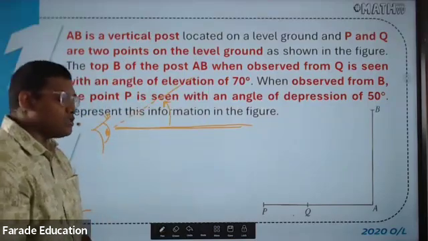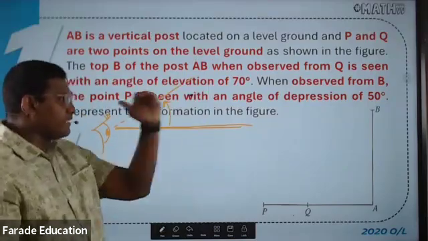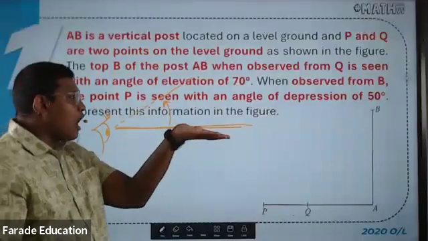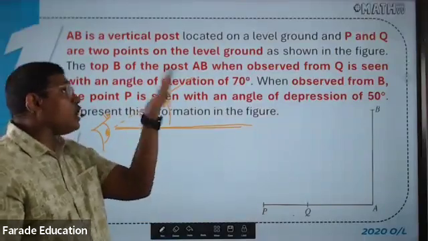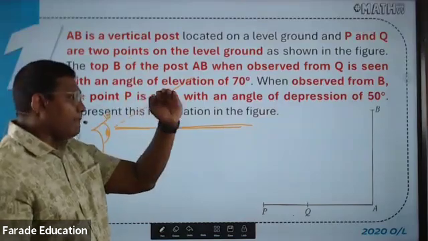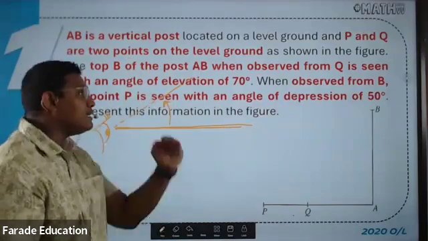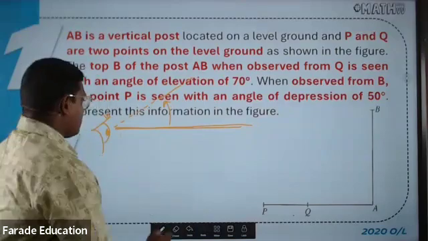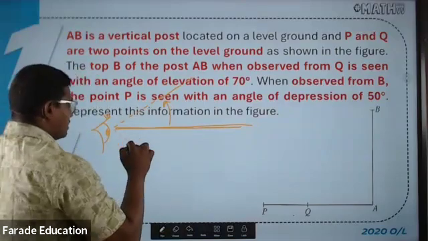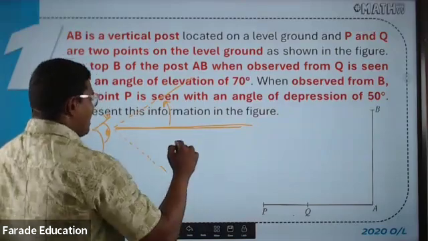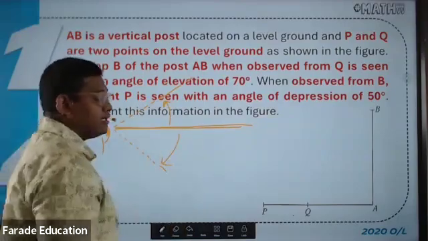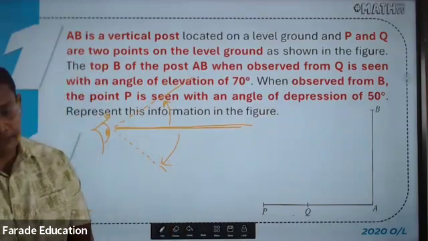My eyesight is not at the feet. My eyesight is here. From here, how much I'm looking up is the angle of elevation. And from my eye, how much I'm looking down is the angle of depression.